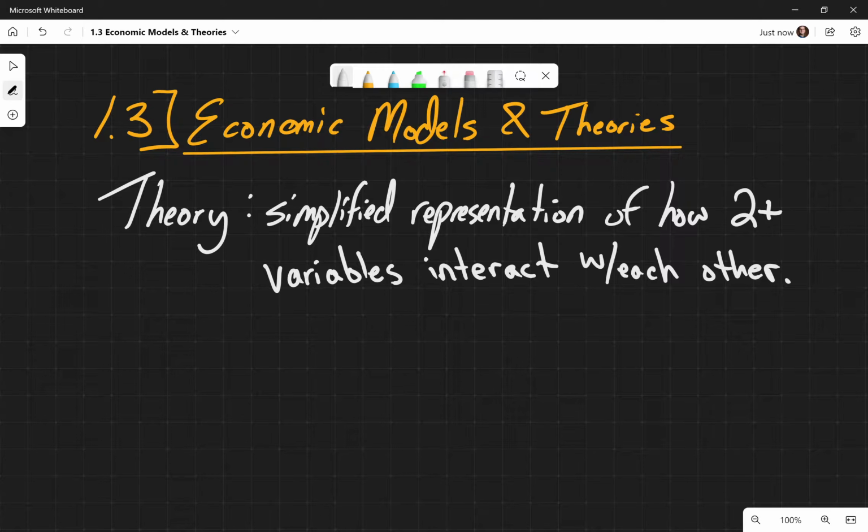A good theory is going to be simple enough to understand, but complex enough to capture all the key features. In order to test our theories, economists use what are called models.